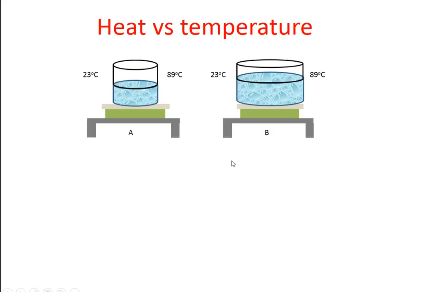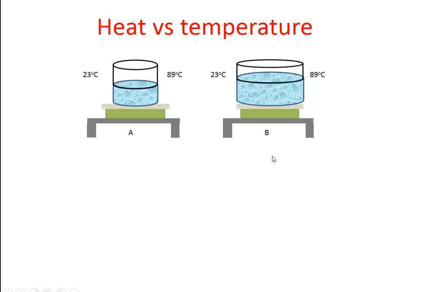In this case, the answer is A. A will heat up first because it has less water than B. You will need more heat to heat up more water than the heat you need to heat up less water. But remember, in both cases, you are just changing from 23 degrees Celsius to 89 degrees Celsius.